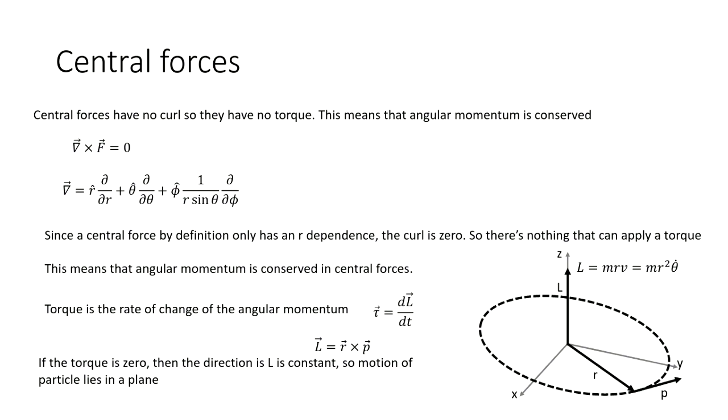Well, the L vector is given by r cross p, so r cross this momentum, which are both vectors, and it'll be pointing orthogonal to this plane, because it has to be orthogonal to r and orthogonal to p. And so this thing orbits in the xy plane, and angular momentum points out of that plane.